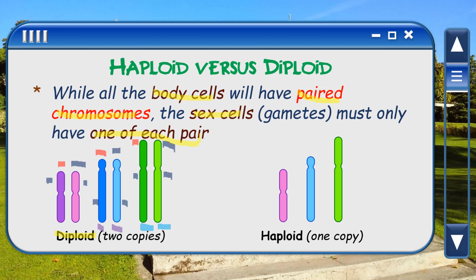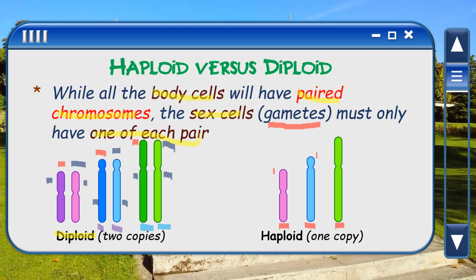Now, when it comes to the sex cells, the gametes, they only have one of each chromosome. If we have chromosome 13, chromosome 17, maybe chromosome 20, you will see that they have only one of each pair.